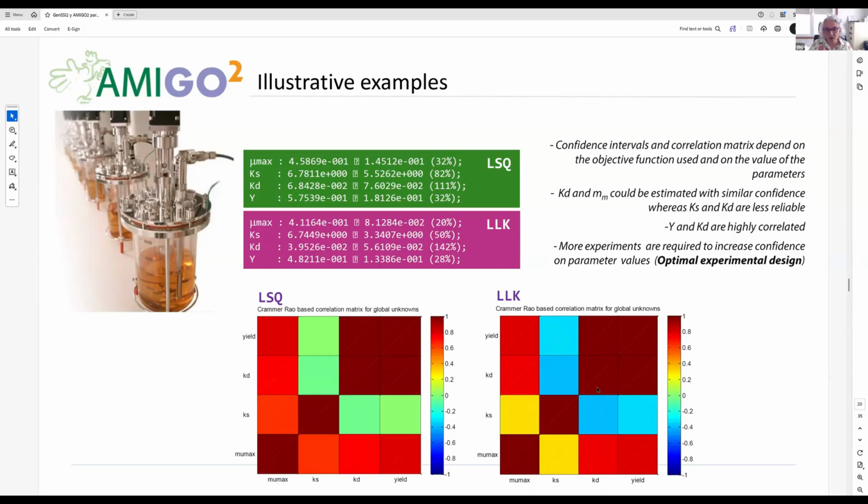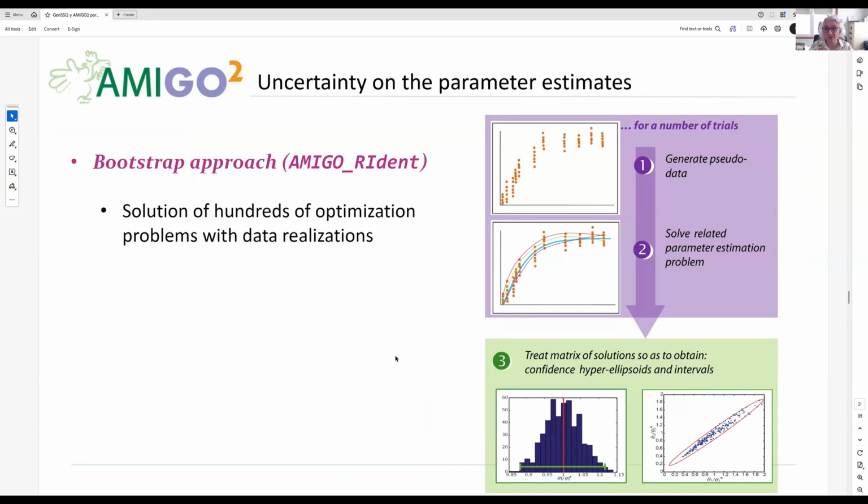And this is the type of outputs you would get also with AMIGO. So this is the correlation matrix between parameters, and you would see, for example, that the decay parameter and the yield coefficient are highly correlated here because we have a positive maximum correlation of almost 1. So this type of information is very useful and it's very quick to obtain.